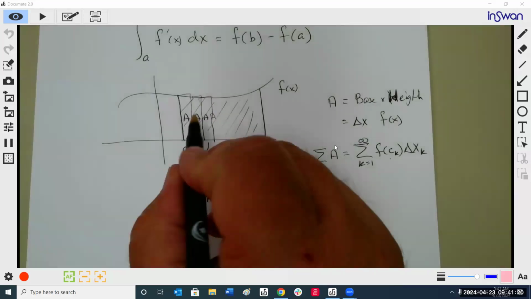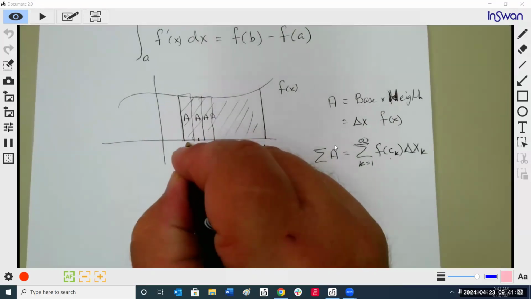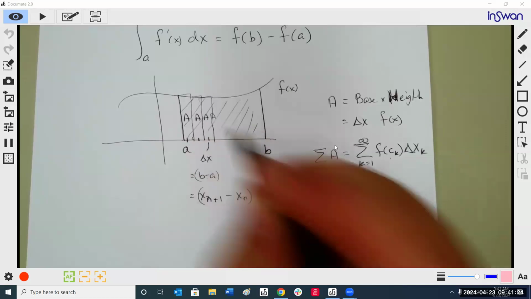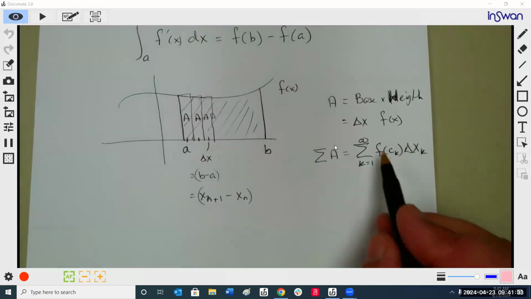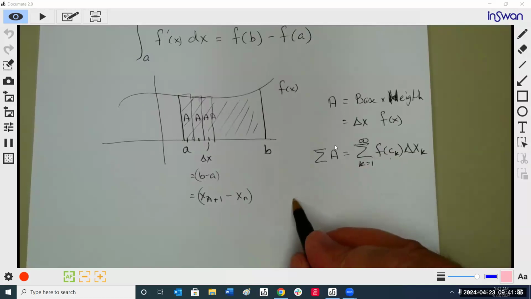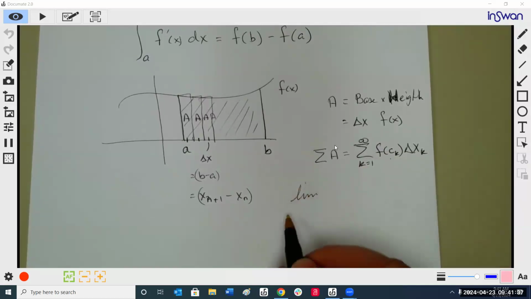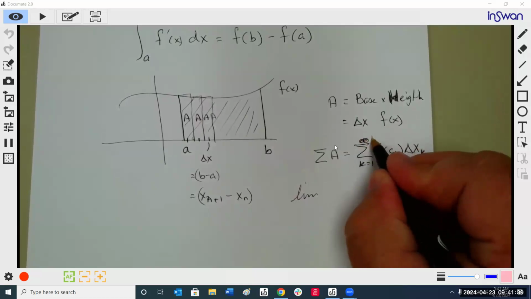I use c_k because c_k is the average, the midpoint of each of these intervals. That'll give me a better picture. Now we take the limit. Let's make this go to n.